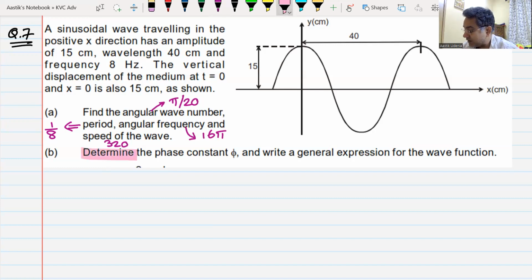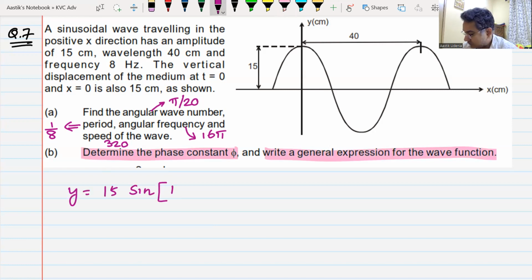Determine the phase constant and write a general equation for the wave function. Sir, phase constant is pi by 2, sir. Okay, good. And what is the general equation? y equals 15 sine of 16 pi t minus pi by 20 x plus pi by 2. Very good.